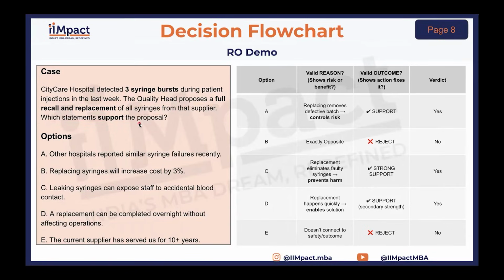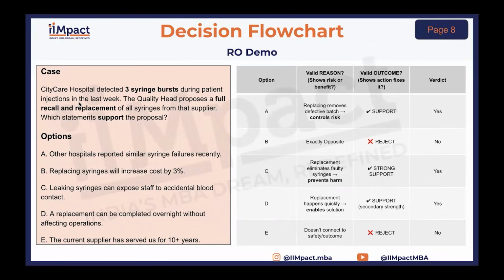So, who are the stakeholders here? You have the City Care Hospital, you have the patients, and you have the supplier. These are the three core stakeholders that you have. What is the underlying issue that we are trying to address? Syringe burst during patient injection. So in a hospital setting, safety is probably going to be the biggest issue.